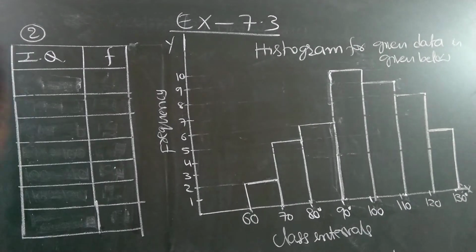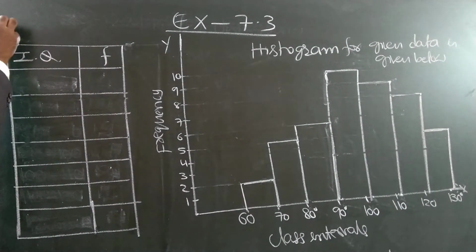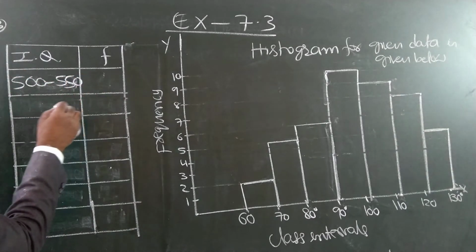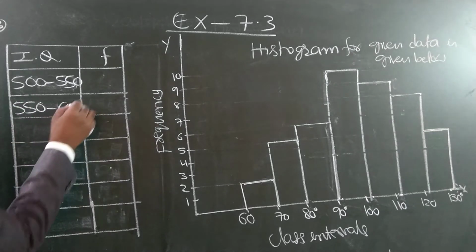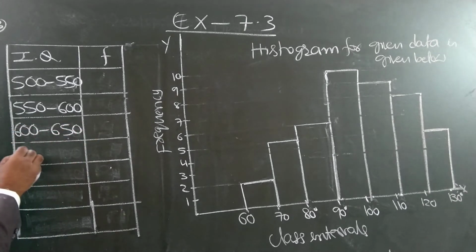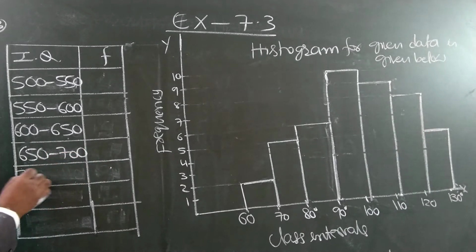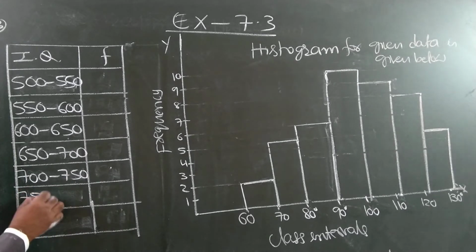Students, first let us practice for the class intervals given. So instead of the second, you do the third one so that we will get some practice of this same type of model. Third problem: 500 to 550, 550 to 600, 600 to 650, 650 to 700, 700 to 750, 750 to 800.